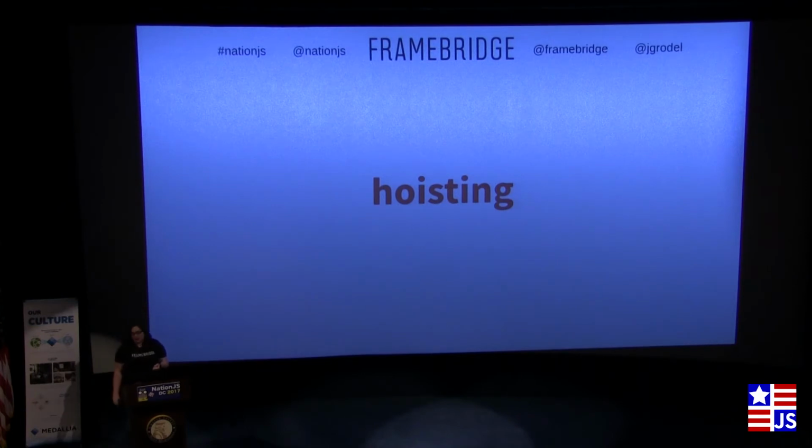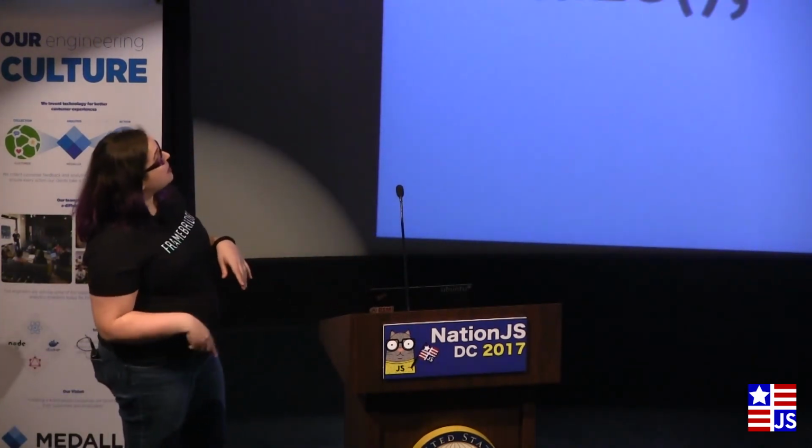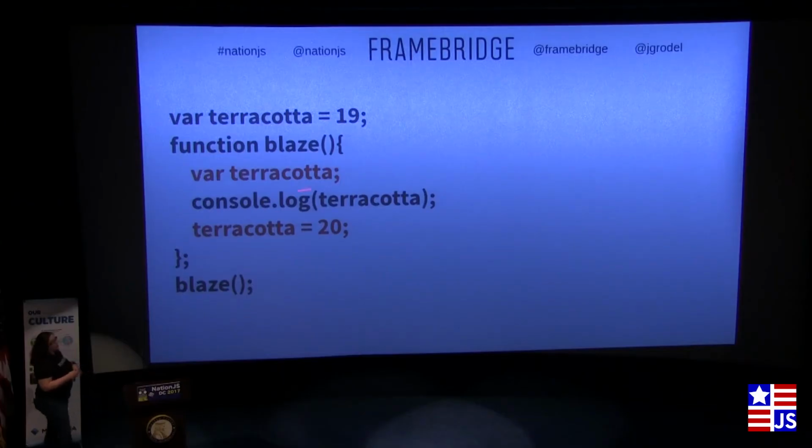So when our browser gets JavaScript, it does multiple passes over that code before it executes it. In that first pass, what it does is it will find all of these var terracottas, any variable where we're using var, let, const, when we're setting it up. So it will find those, and it will split them up. So this code turns into this. It takes the var terracotta, and it brings it up to the scope for that variable.